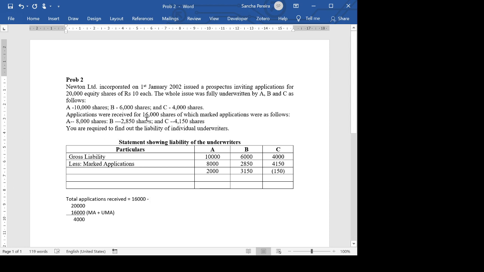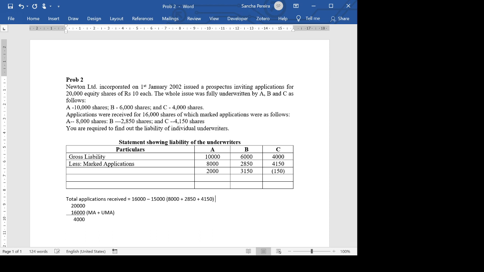Now mark, if you add this, how much you get? 8,000 plus 2,850 plus 4,150. It comes to 8,000, 10,000, 11,000, 15,000. That means out of 16,000 of the applications that we received, 15,000 are marked applications. These are all the marked applications.